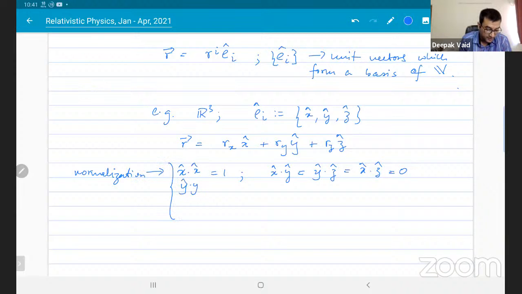Again, this is not necessary. You can have a basis for your vector space which is not normalized and which is not orthogonal.